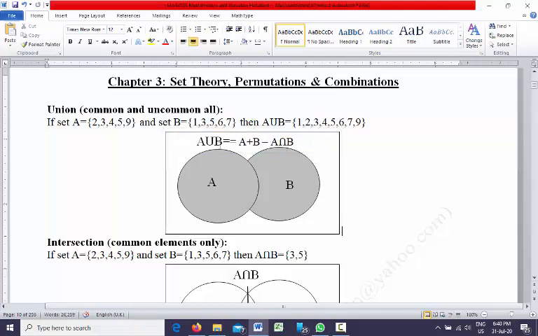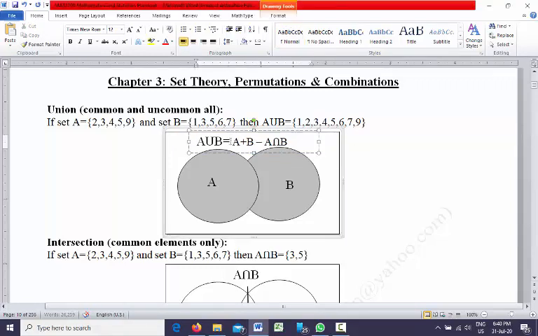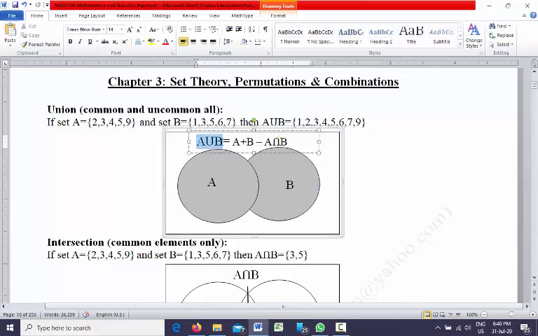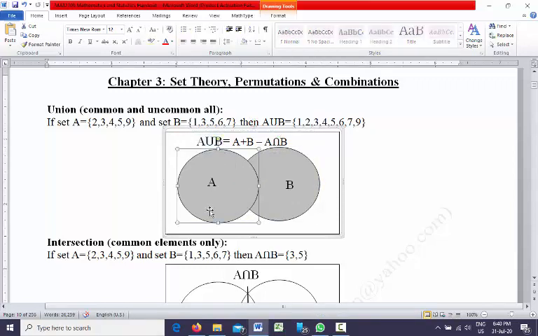So to find out A union B, you need to add set A, and also you need to add set B. When you add circle A and circle B, this common part will be added twice.